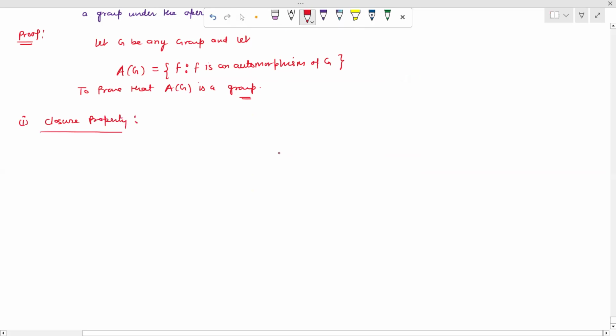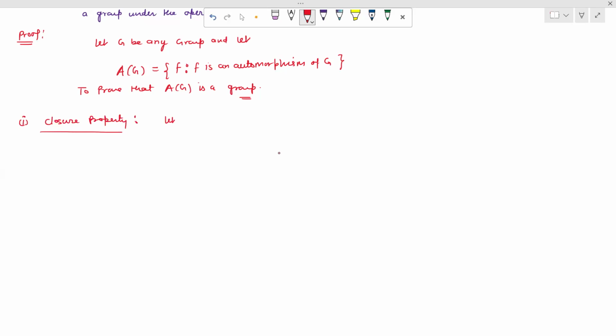So for proving the closure property, let us take two elements of group G. That means a and b belong to G, so ab also belongs to G. So here we take a composition of functions.